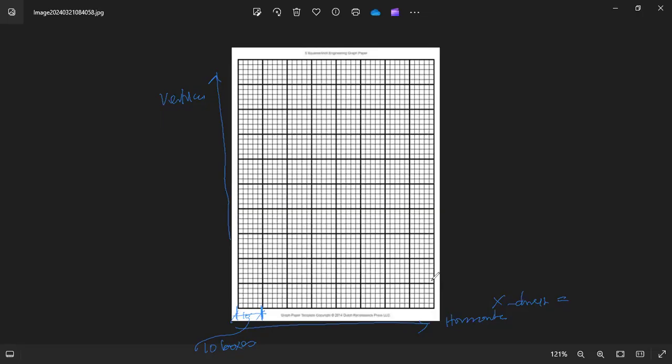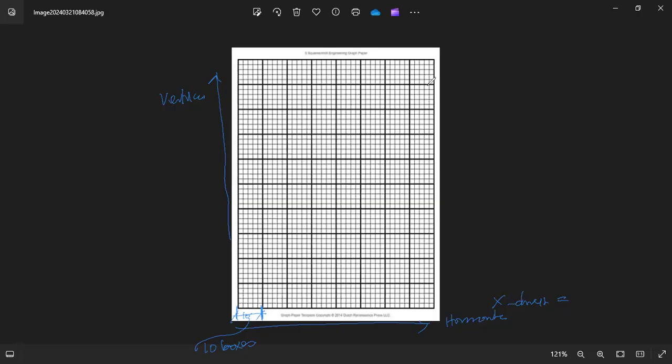Okay, I can see varying answers. Let me use one of the students' graph sheets, the work presented to me.